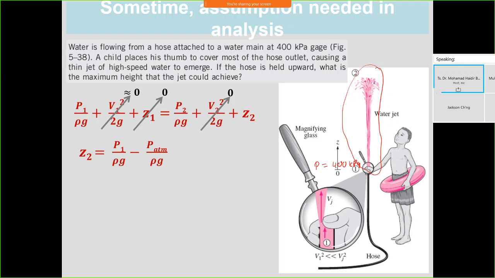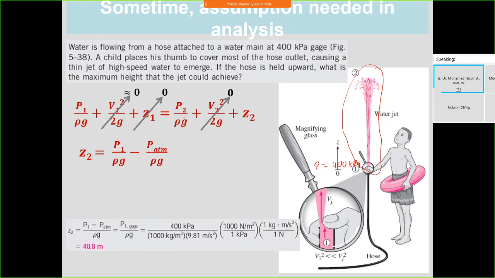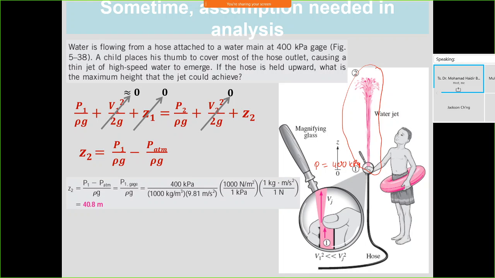Okay, this is 400 kilopascal gauge, so no need for the PATM. You can cancel this part. Here P1 minus PATM is equal to P gauge, and then using this information, you can get Z to be 40.8 meter.